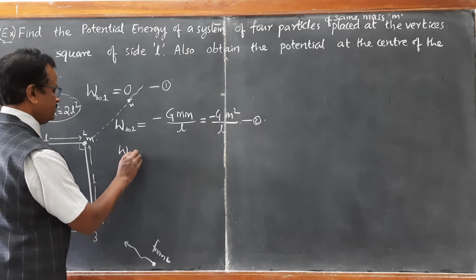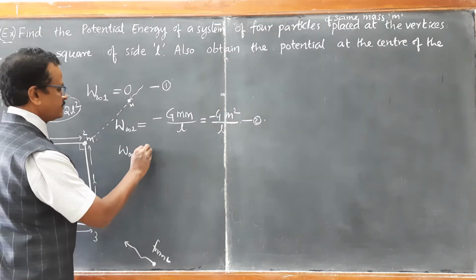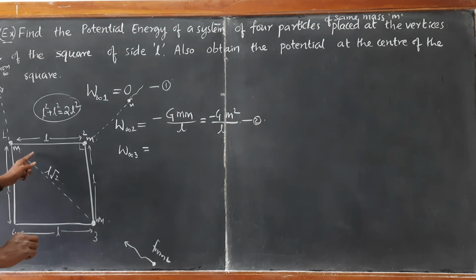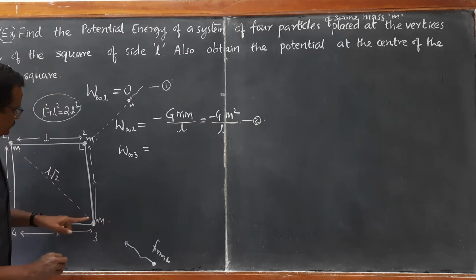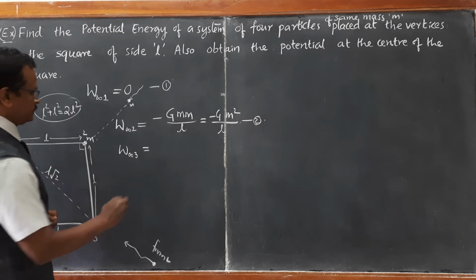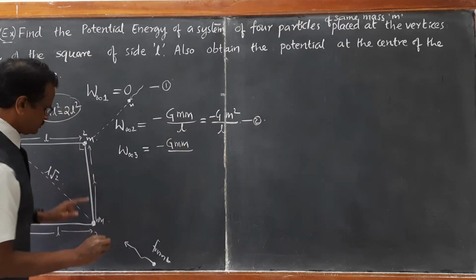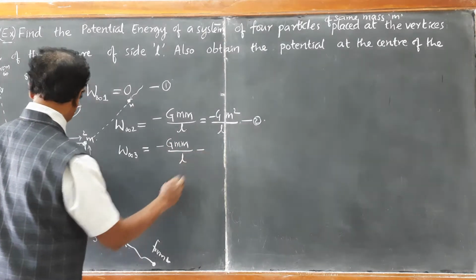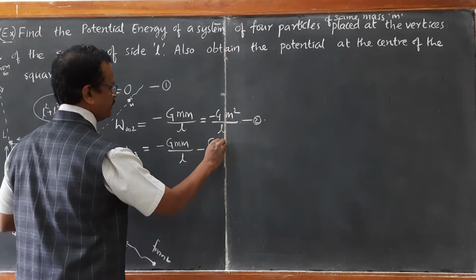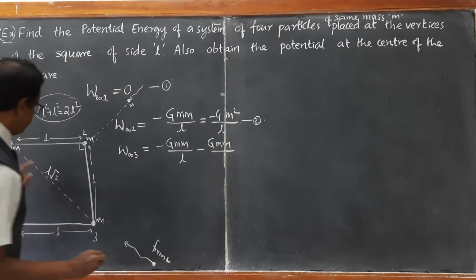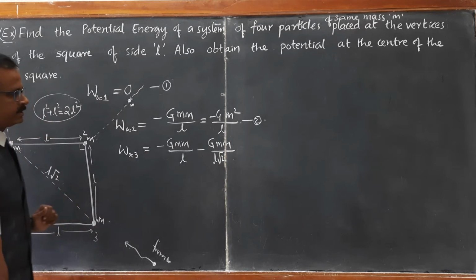So work done in bringing the third mass from infinity to the position 3 is given by, look at this. First, I will write with respect to the second particle: minus G m into m divided by the distance between them, which is L, minus G into m into m divided by L root 2, because the distance between these two is L root 2.